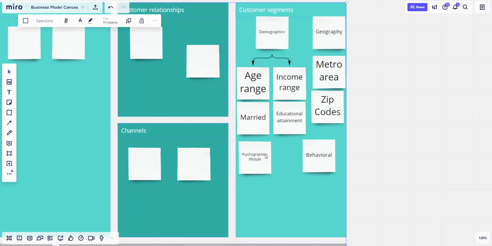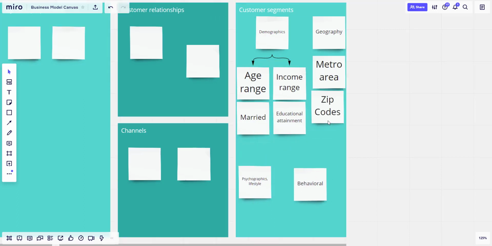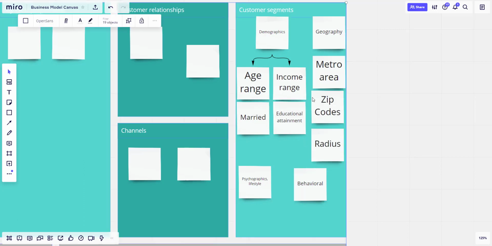And then if you've got a brick and mortar location, maybe you are really just focused on a radius around your location, right? Maybe I'm really focused in on the 2-mile, 3-mile, 5-mile radius around my storefront, because that's going to be the geography that constrains where my customer will go and shop for my good or service.